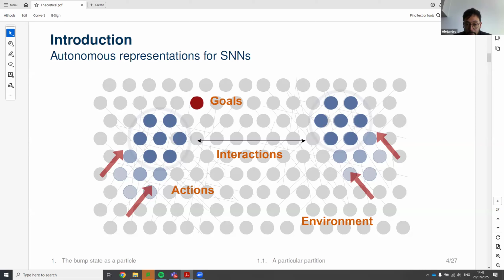In some way, the representations themselves will be able to detect changes in this neural medium and move away or towards particular goals that are set, for example, by homeostatic drives.